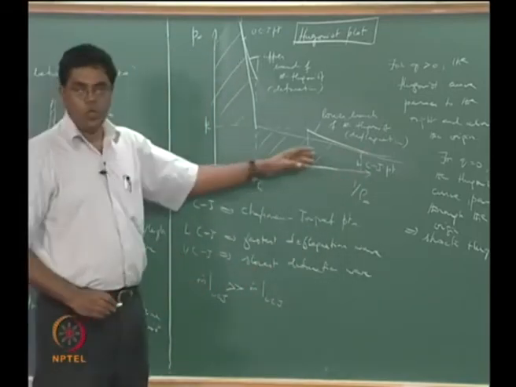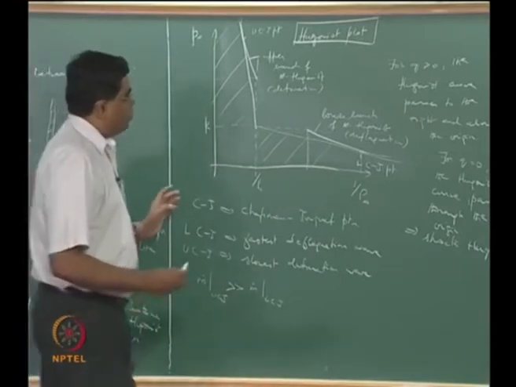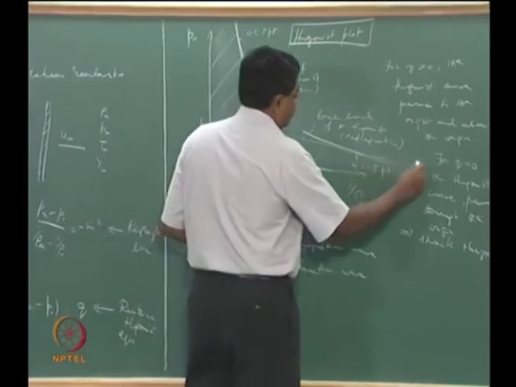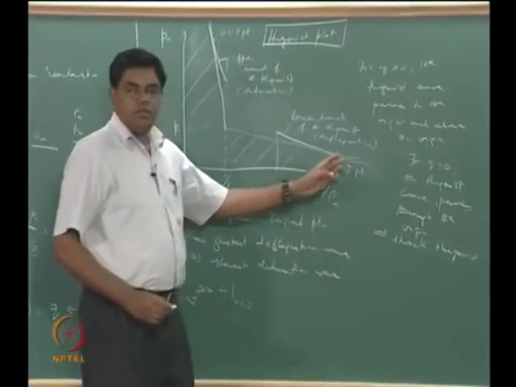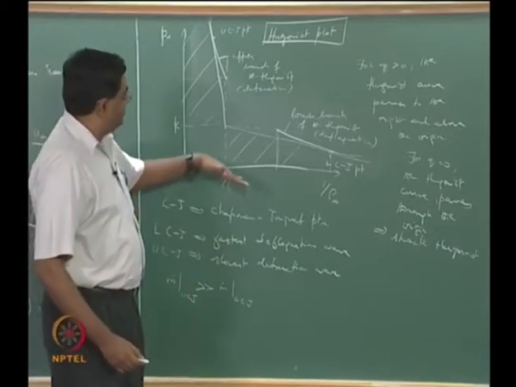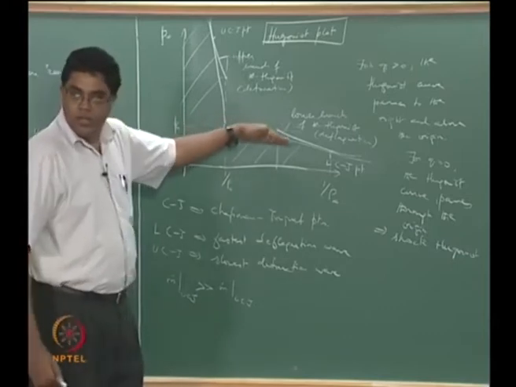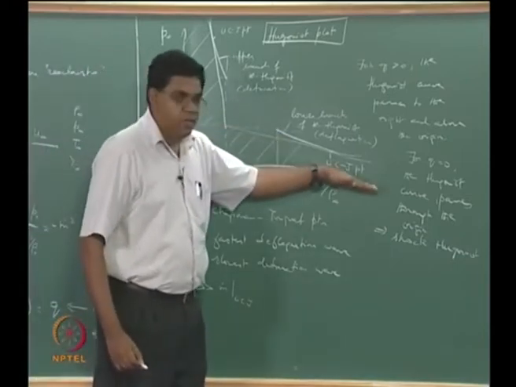That will also depend on Q, and what's the maximum value of 1 over rho infinity that is possible, and what are the maximum values of P naught that is possible, that is of course equal to P infinity, and what's the minimum value of P infinity that is possible.